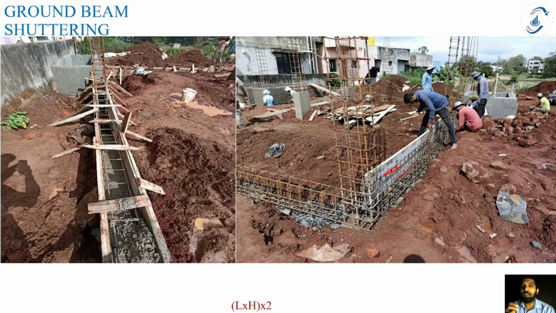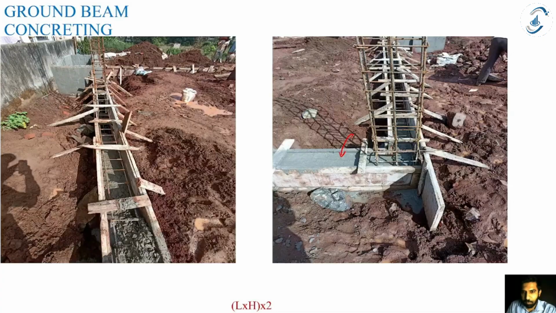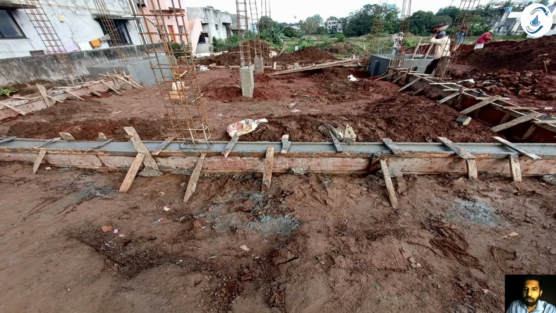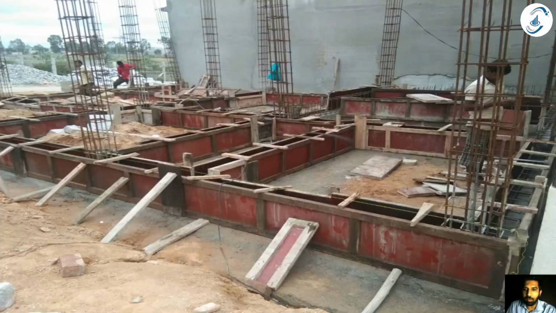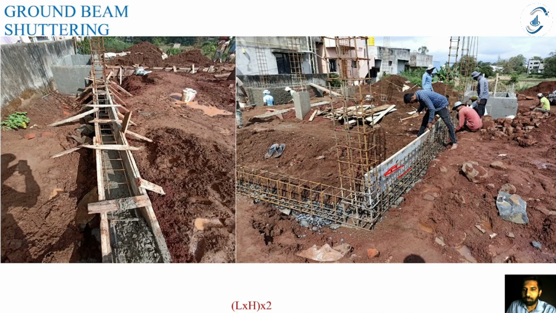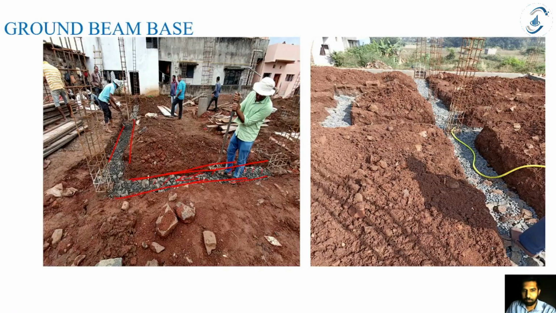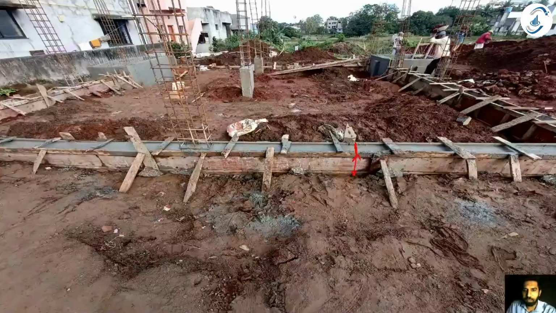So what we need to study in a plinth beam drawing is the rebar details, and the width and depth of my plinth beam. This is the width and this is the depth of my plinth beam, and this is my reinforcement details here. So how do we read these drawings?